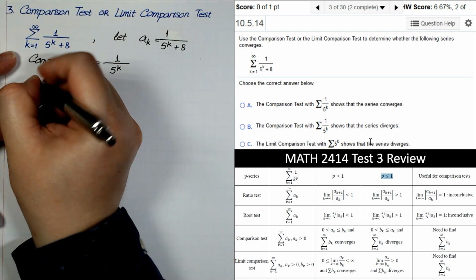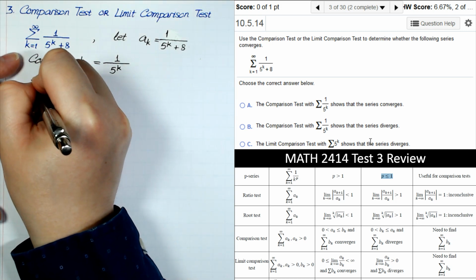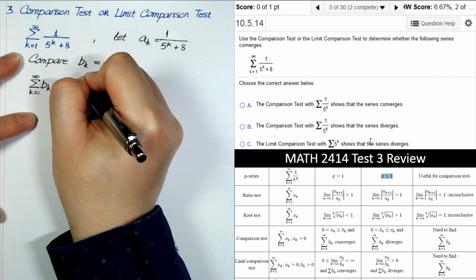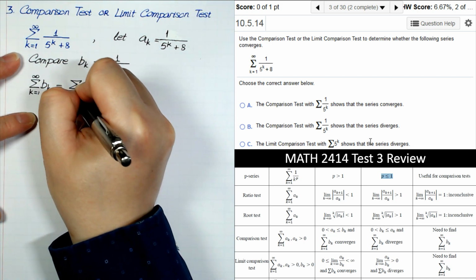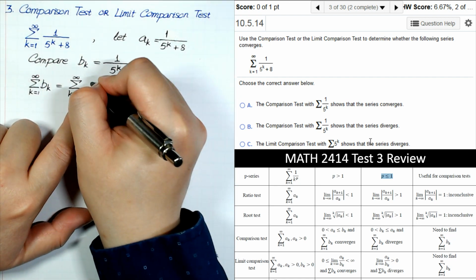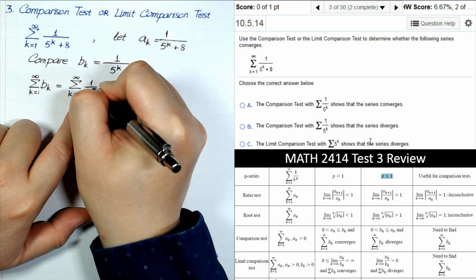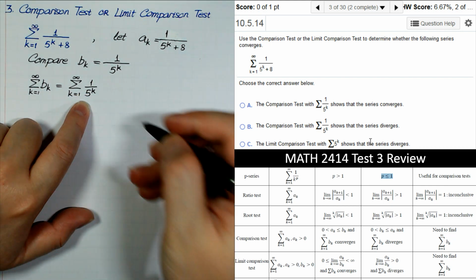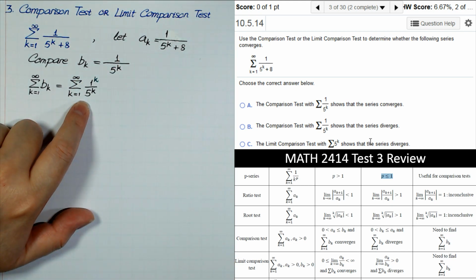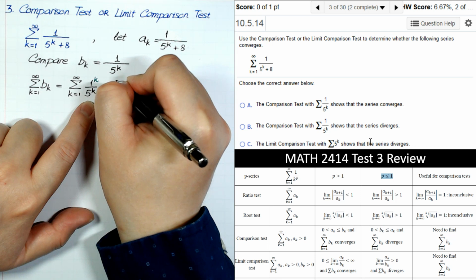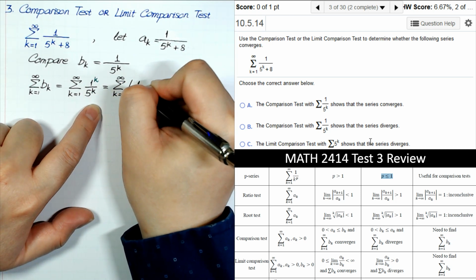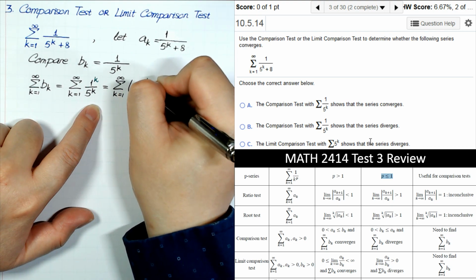Right. Now we will look at the series of b sub k, and base of k, 1 over 5 to the k power. By default, we can always say 1 raised to any power is still 1. So we can put both of them inside k.